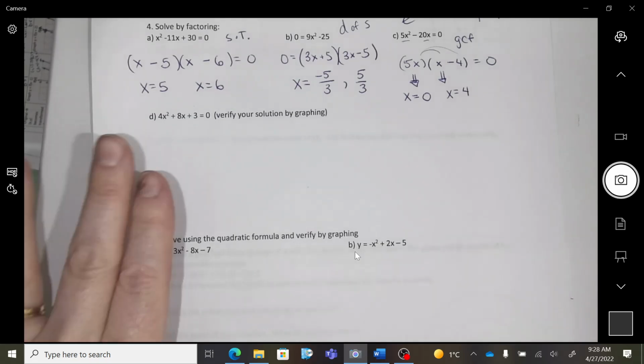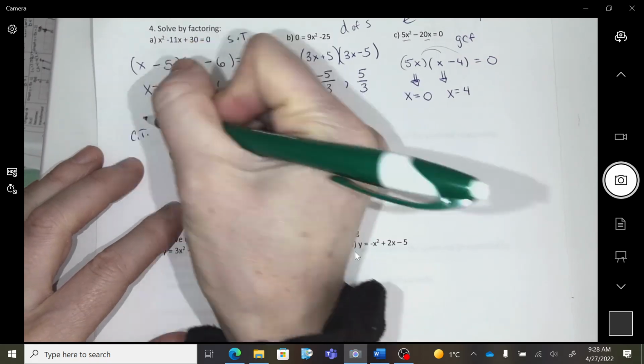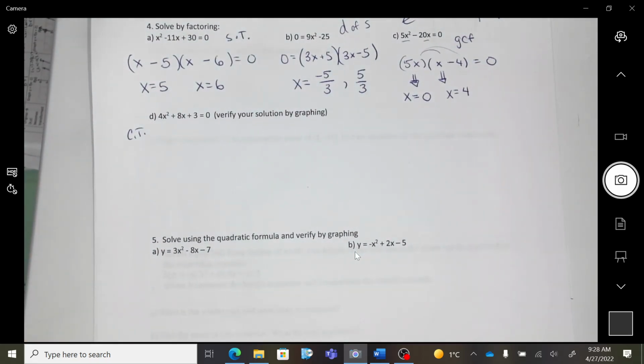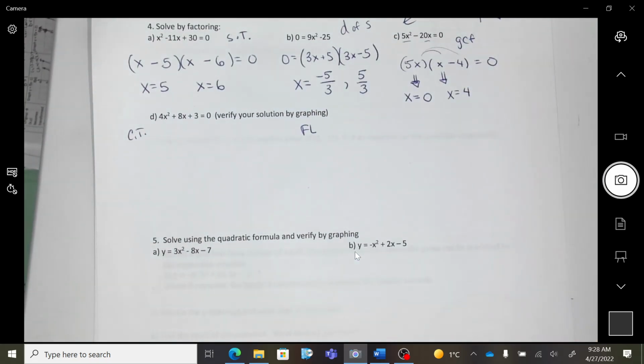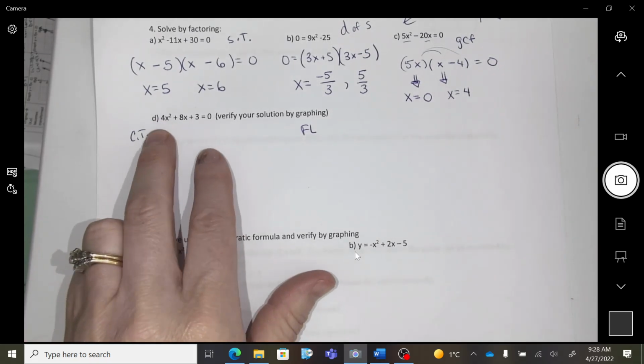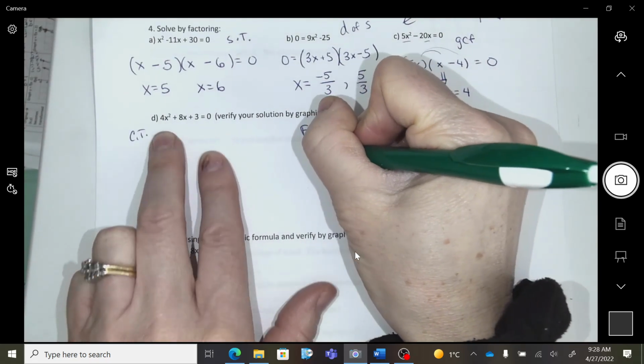We're going to factor this, so this is a complex trinomial. Okay, so when I start this, I'm going to go FLA, first times last. So first and last make 12.